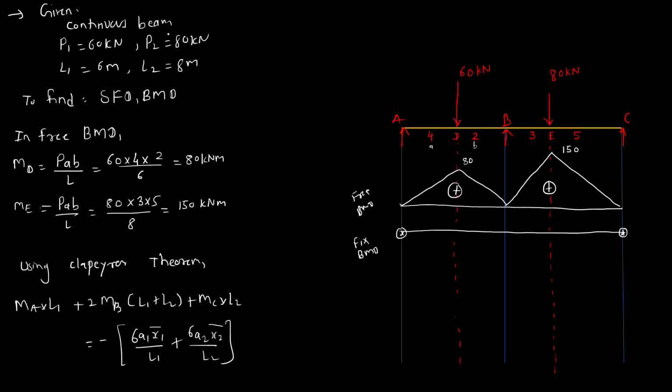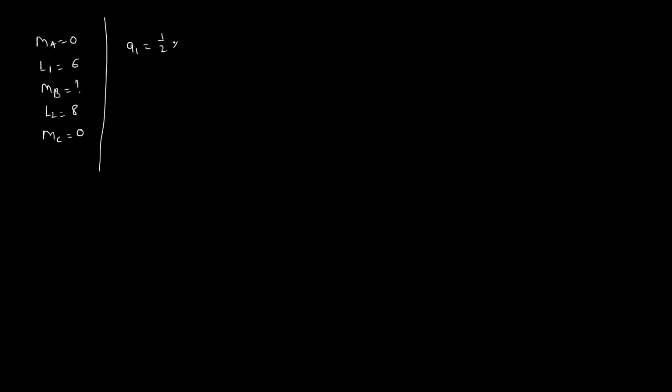Value of A1 is a triangle, so half into base into height: half into 6 into 80. Similarly A2 is half into base into height, so half into 8 into 150. So this should come as 240 and this should come as 600.